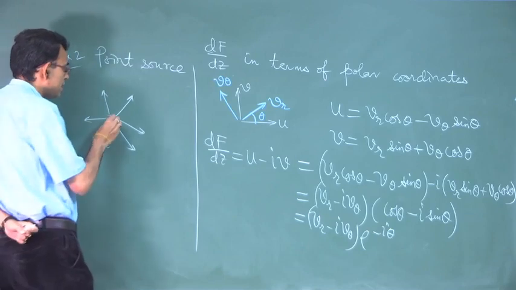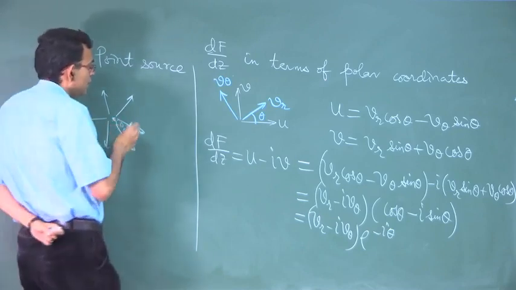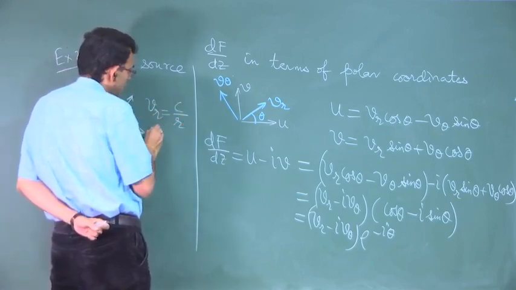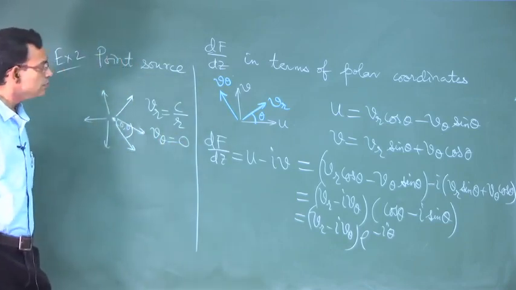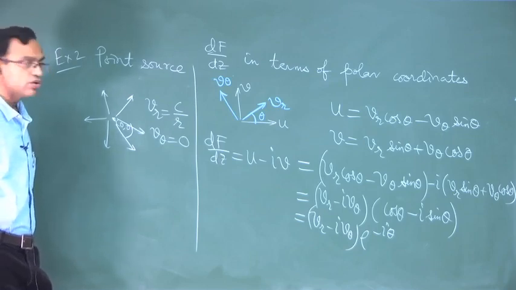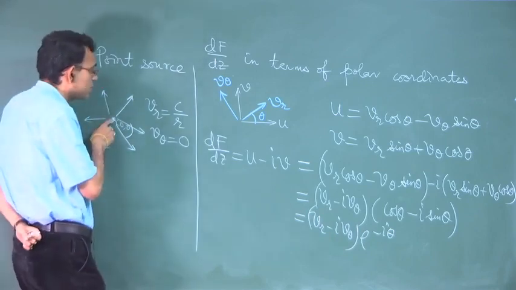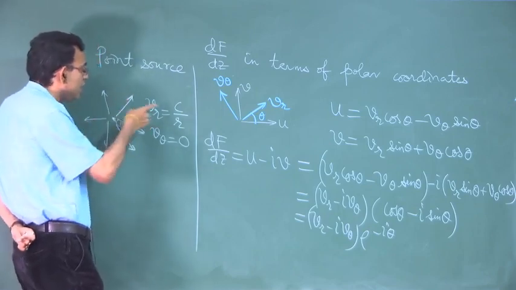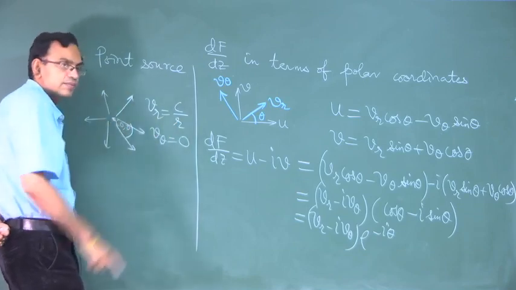If the source is at the origin, say this is 0 comma 0 as an example, then the velocity distribution reads Vr equal to c by r and V theta equal to 0. So, at r equal to 0 you have a singularity, but close to r equal to 0 you have very high radial velocity, and the radial velocity decreases with 1 by r.